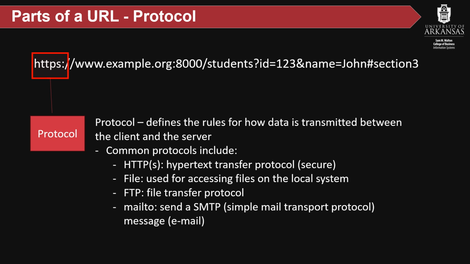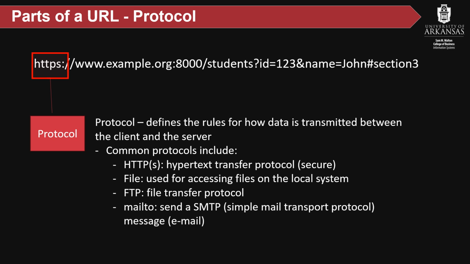You'll either see HTTP or HTTPS for secure connections, but there are some other protocols that are available. File, for instance, you may see file://. This is used for accessing files on your local system. Or FTP for the file transfer protocol is another protocol that's available.